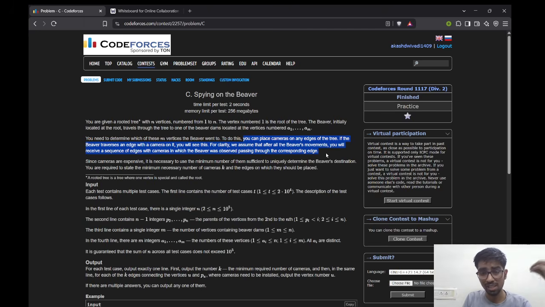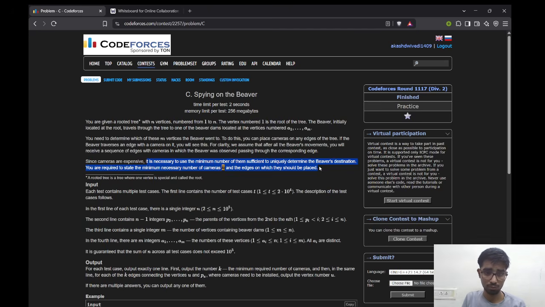For clarity, we'll assume that after all the beaver's movements, you will receive a sequence of edges with cameras in which the beaver was observed passing through the corresponding edge. Since cameras are expensive, it is necessary to use the minimum number of them sufficient to uniquely determine the beaver's destination.